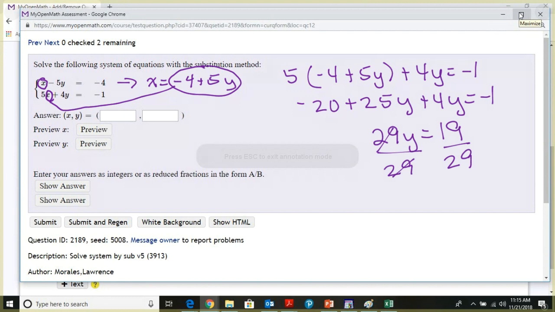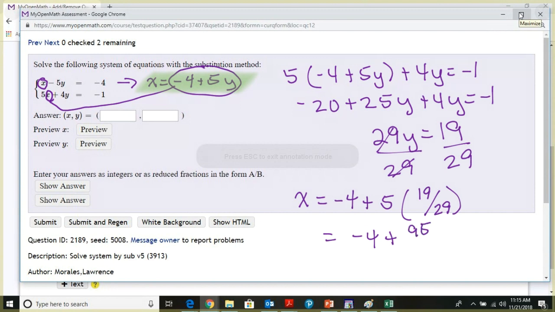So now that we have our y, we can plug it back in, and I'm just going to plug it in where we had already solved for x. So x is equal to -4 plus 5 times 19 over 29. This is not pretty at all. Would be -4 plus, let's see, 19 times 5 is 95 over 29.